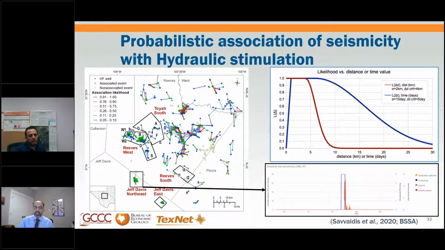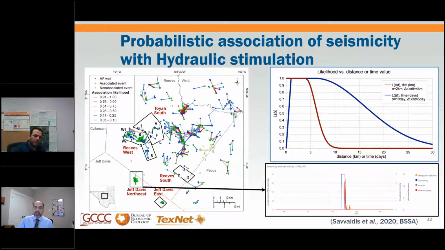On the top right-hand side, you see the model we developed. With the blue line, we show the time dependence of the model. From the time that the fracking has started and one day after that, up to a few days, we have the highest likelihood that seismicity in close distance to the fracking well is related to the fracking process.